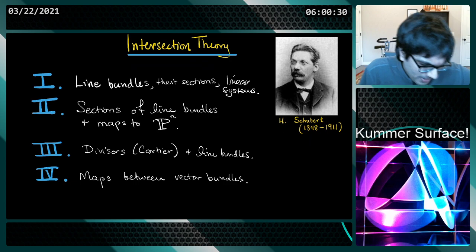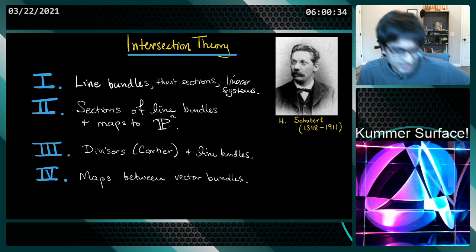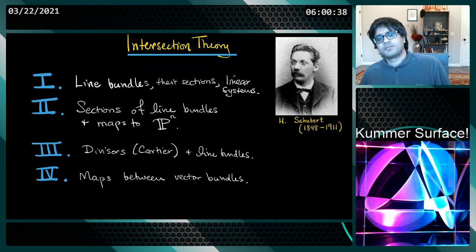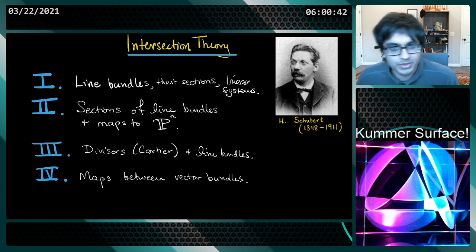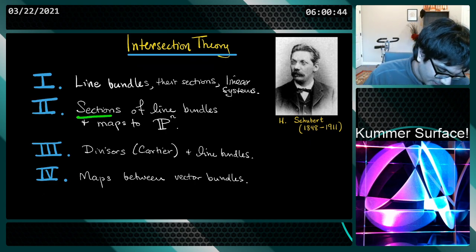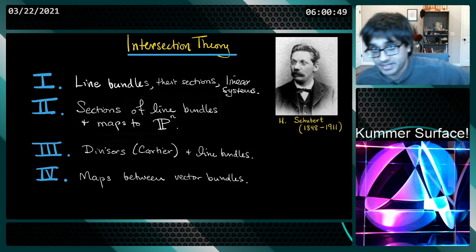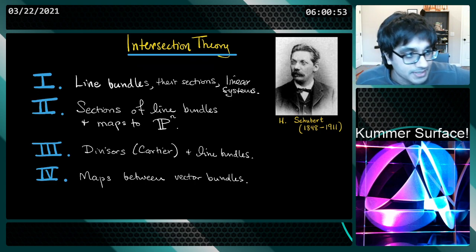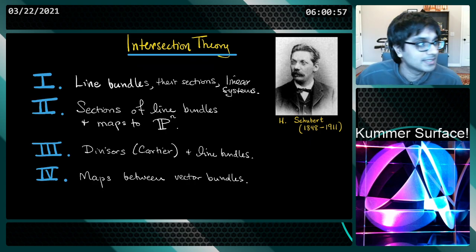Let's talk today about line bundles, their sections, and what the word linear system means. Then I'll review how sections of line bundles provide maps to projective space. Classical topic. Must know. Everyone must be familiar with it, must become comfortable with this.